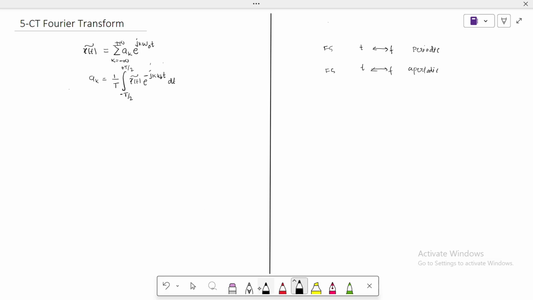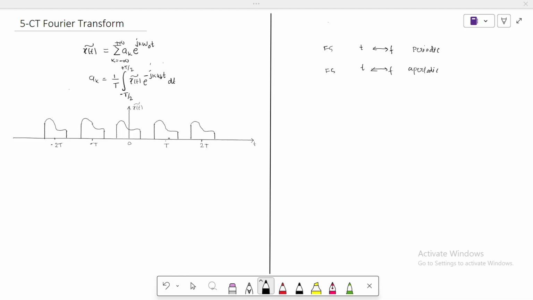So here I'm drawing one periodic signal. This is the periodic signal.